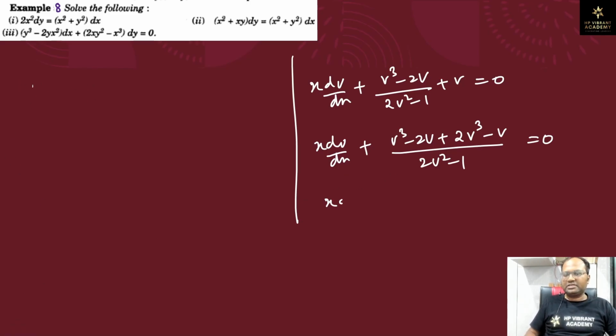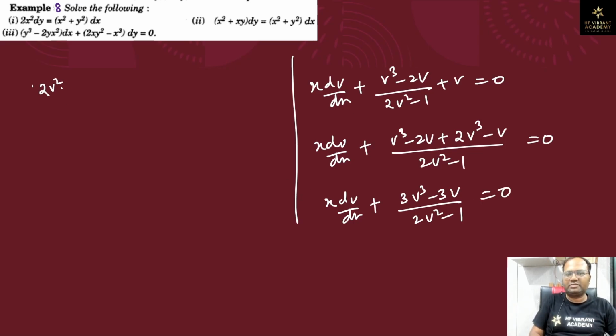So we have x dv upon dx plus (3v cube minus 3v) upon (2v square minus 1) is equal to 0. So from here we have (2v square minus 1) upon (3v (v square minus 1)) dv plus dx upon x is equal to 0.